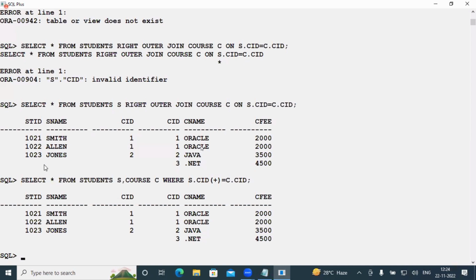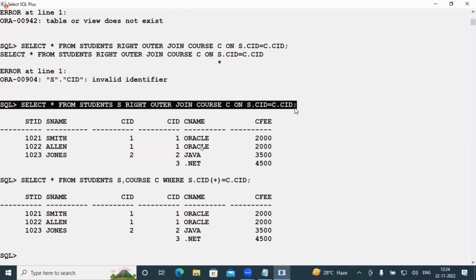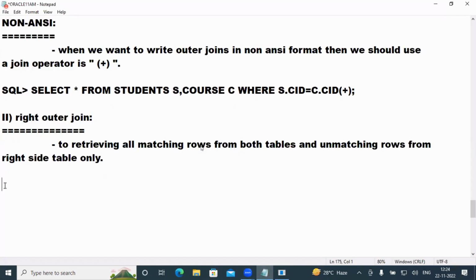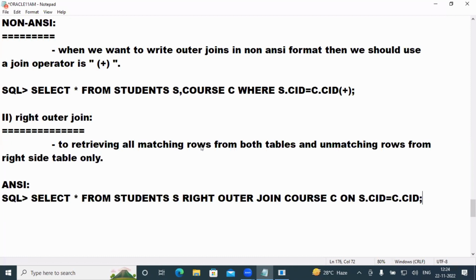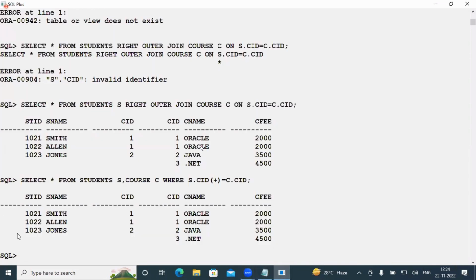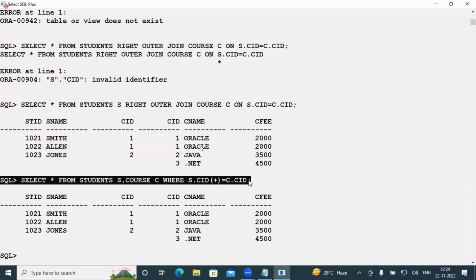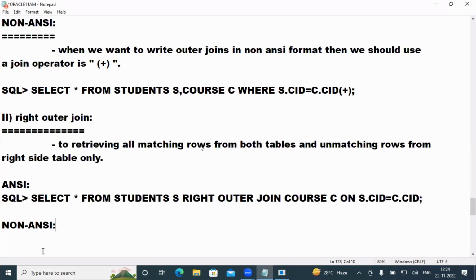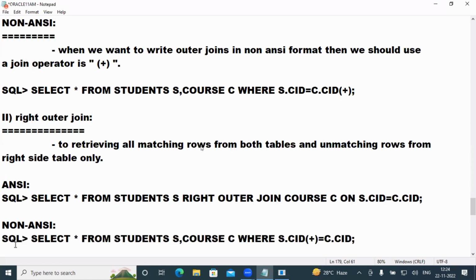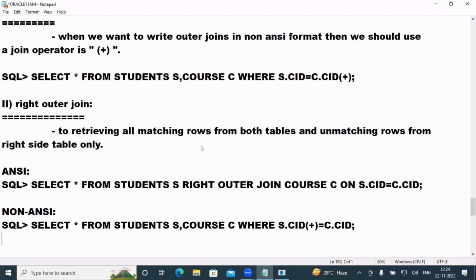Okay. This is ANSI left right outer join and non-ANSI. Okay, so now, fine. The next one is called what now?